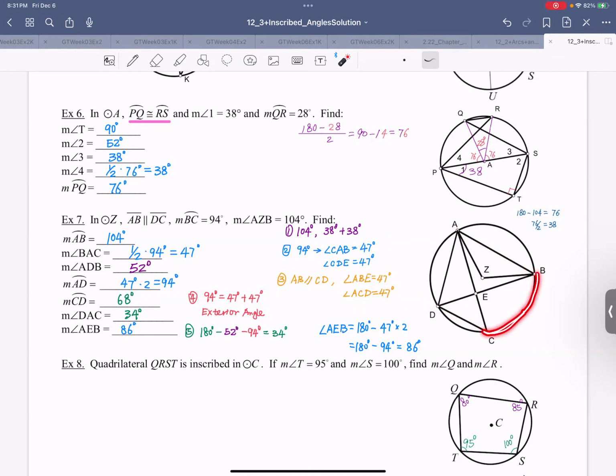Good job, Emma. This is 94. So Chloe, this is 94. Which angle can you write down? That angle, yeah? How much? 47. Divided by 2. 94 over 2, which is 47.